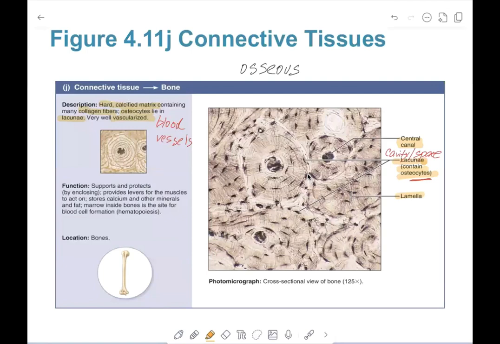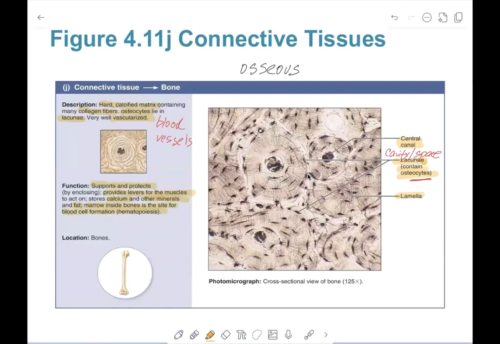The function of osseous tissue is that it supports and protects, provides levers for muscles, specifically skeletal muscles, to act on, and it stores calcium and other minerals and fat, and also has marrow inside the bone, which is the site of blood cell formation.